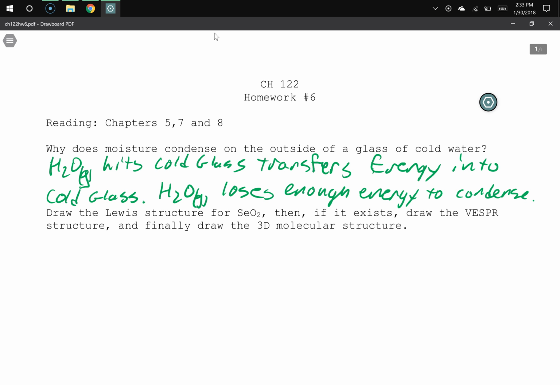So it had a certain amount of energy in its gaseous phase. It lost energy. It lost so much energy, it's no longer a gas anymore. It's moving slow enough. The amount of kinetic energy transfer has gone down into the water.